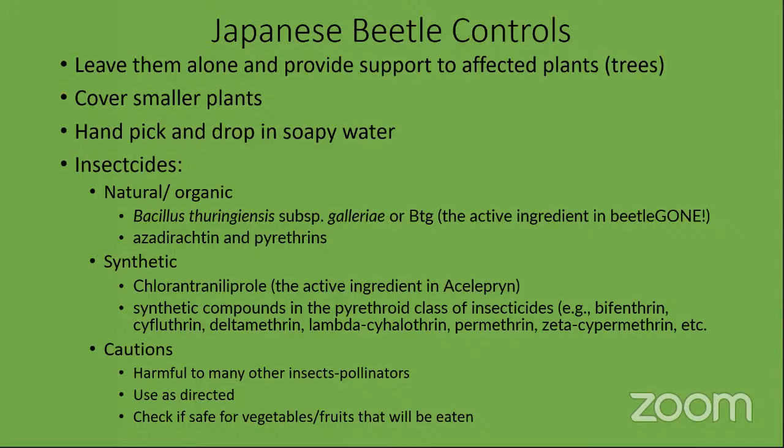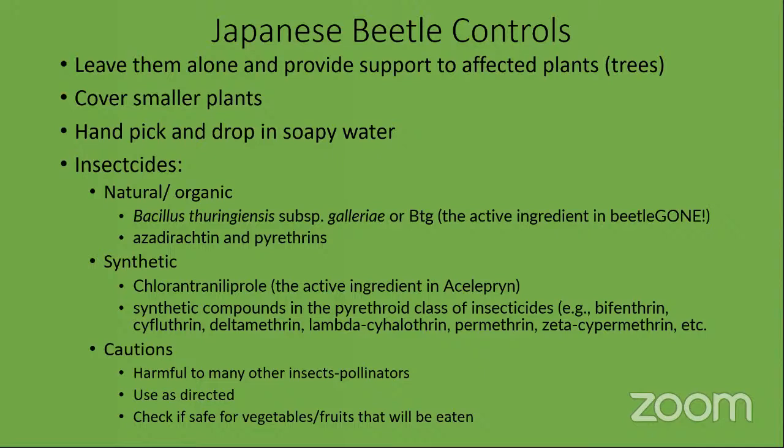It's an active ingredient in the product you see there. Synthetic compounds in the pyrethroid class of insecticides are also effective. However, if you're using these, you have to be careful because they are also harmful to many other insects and pollinators. So you can't spray flowering plants with these if you have pollinators present without also killing the pollinators.